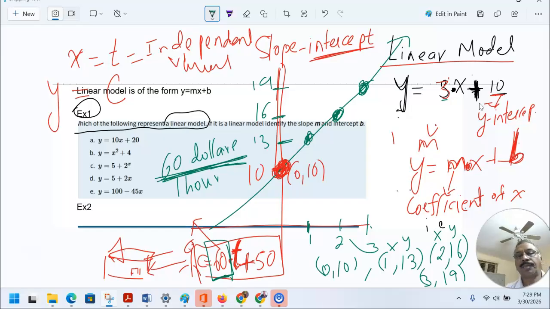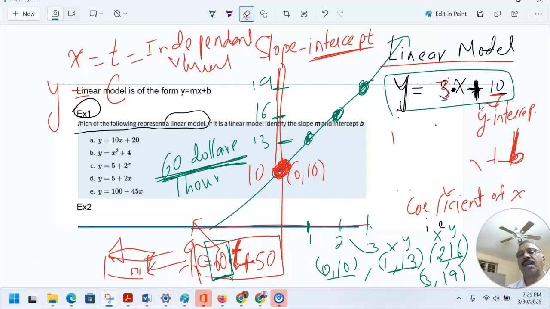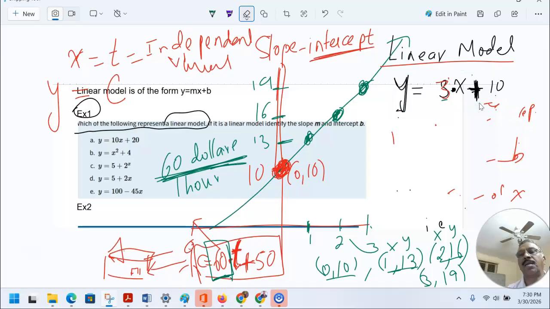Each of these points satisfies the equation. So if I create this equation, we can plug in and see whether it really works or not. Let's say I want to check the point (1, 13).